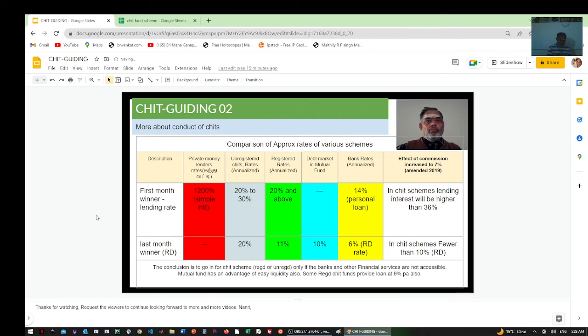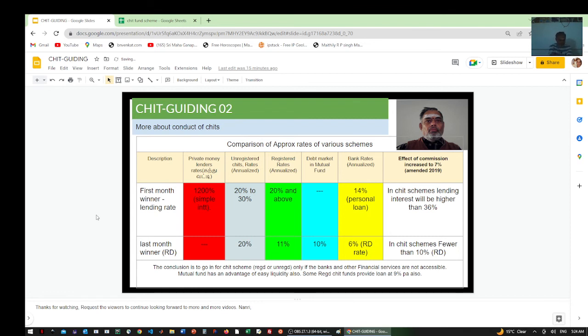See, the last month winner is like our recurring deposit. In case of a money lender, it is not possible. Even if it is, then it is only a normal bank interest, or maybe up to 6% to 12%.